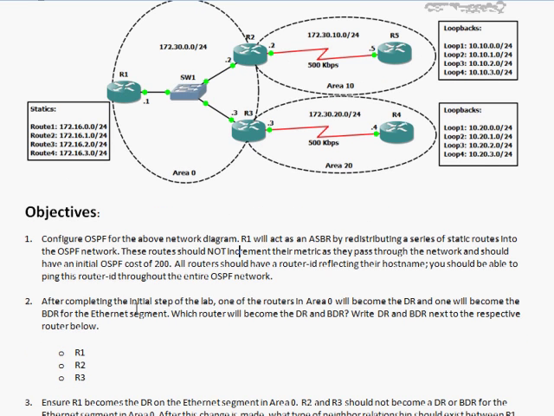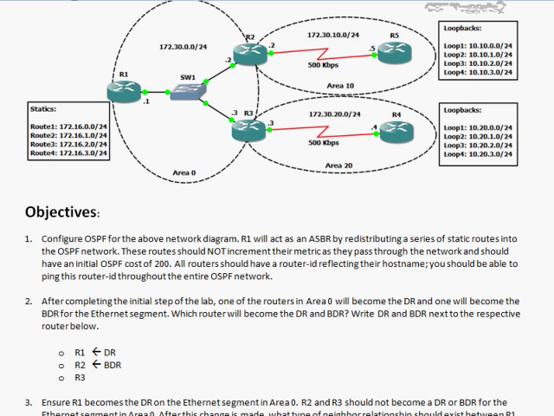Now, this statement is kind of tricky because we just walked through the complete initial configuration. It says after configuring the initial step, one of the routers will become the DR and one will become the BDR. Which one is it? I would say router 1 became the DR and router 2 became the BDR simply because they were configured first.